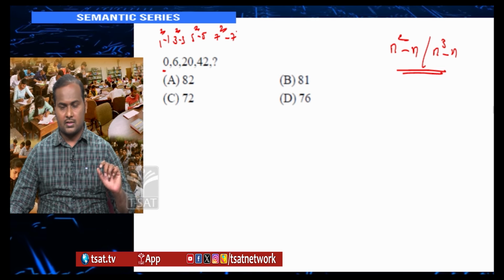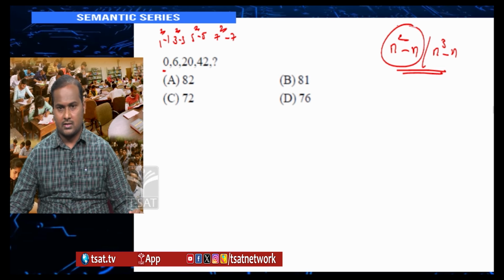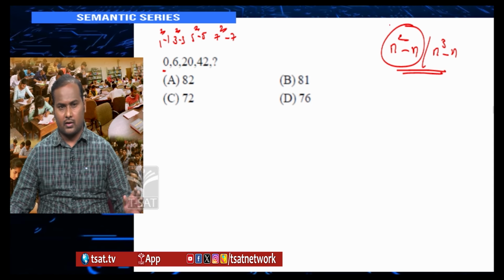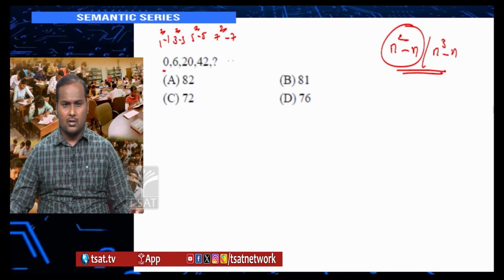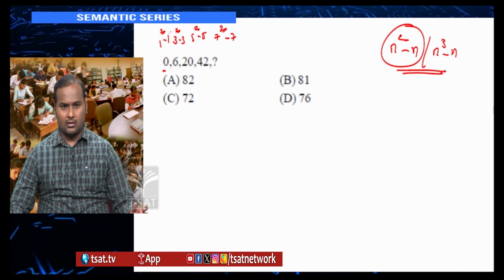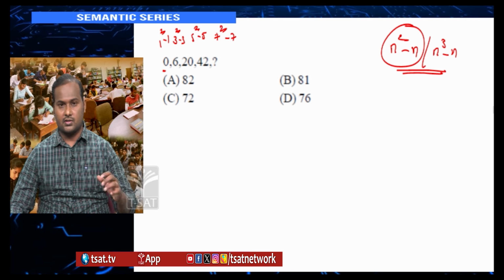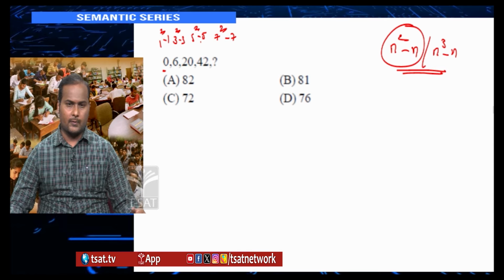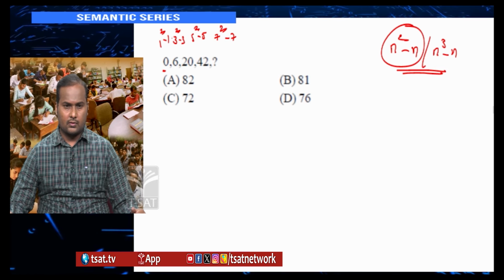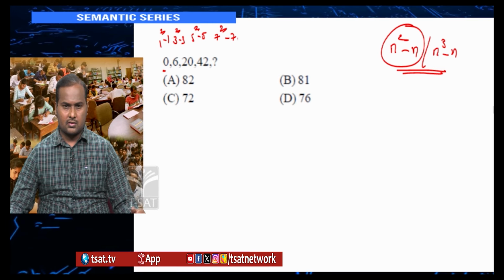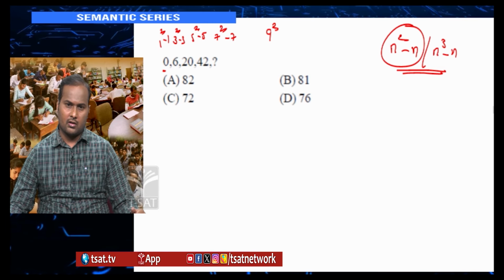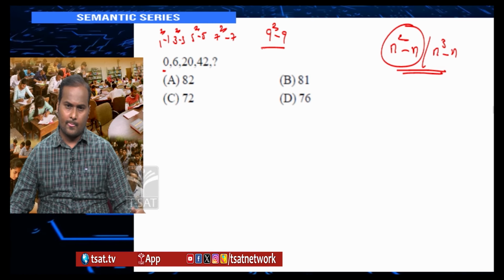So, this question is in the format of n square minus n, but it is not following like 1 square minus 1 or 2 square minus 2 or 3 square minus 3. It is just changing these numbers like 1, 3, 5, 7, not consecutively. So, 1 square minus 1, 3 square minus 3, 5 square minus 5, 7 square minus 7. Answer will be 9 square minus 9.